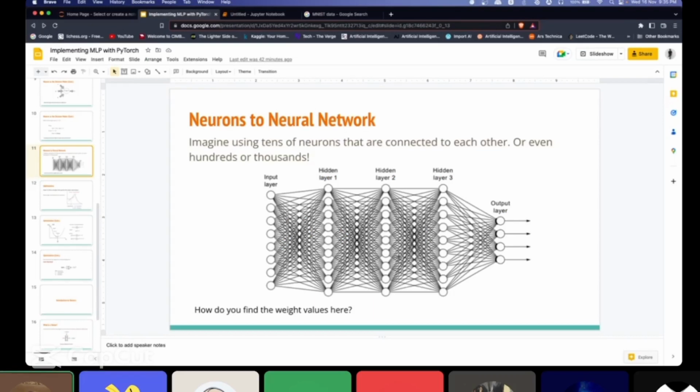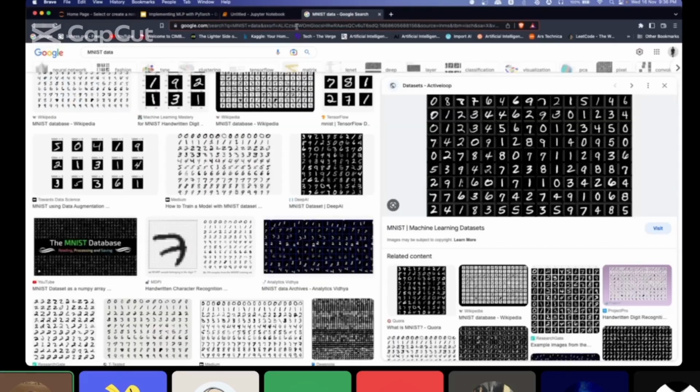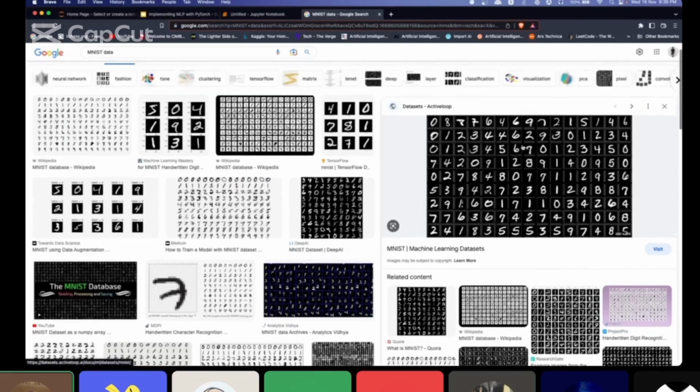It outputs between 0 to 9, right? So if the neuron at the 0th index has the highest value, that means the given input is 0. If the neuron at the 5th index has the highest value, then the given input is 5, and so on. So that's how this MNIST dataset works.